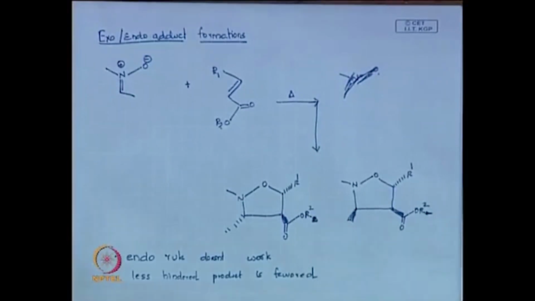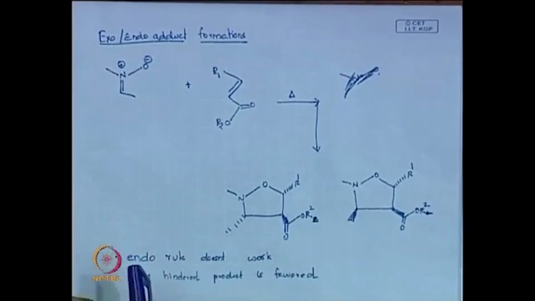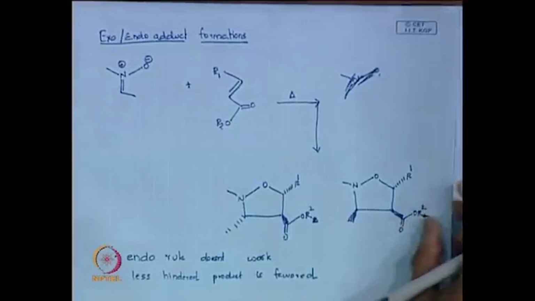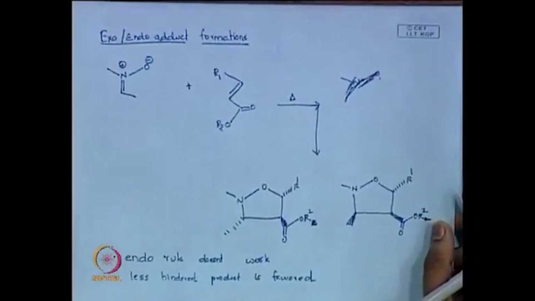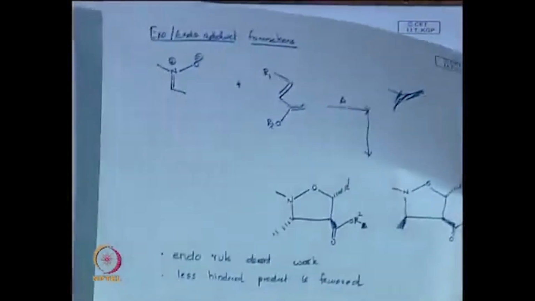And then we said that unlike the Diels-Alder reaction, in 1,3 dipolar cycloaddition it is the product coming out of less steric hindrance that is more favored. That means the endo rule does not work here much better. So, then we said how this steric factor favors the exo product.